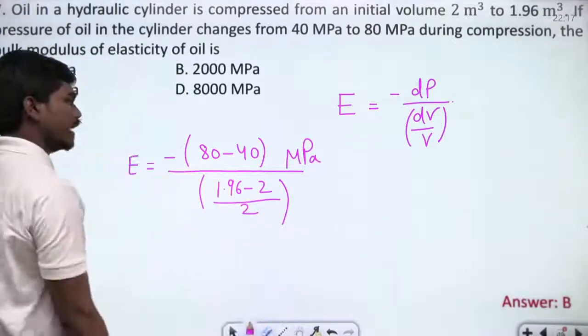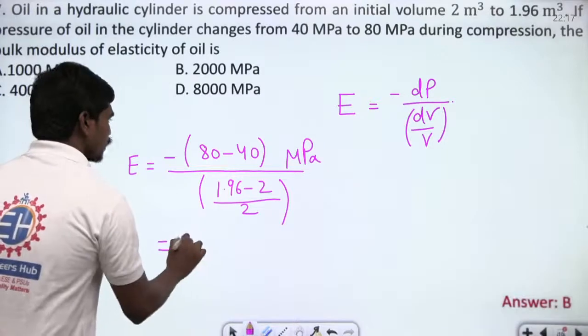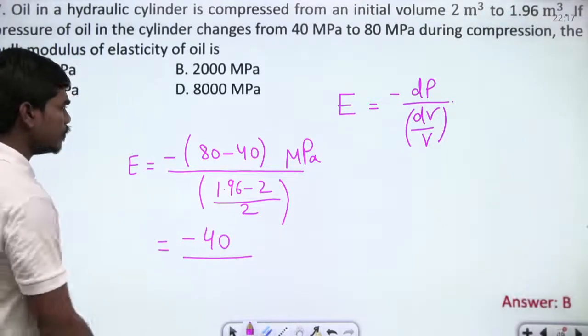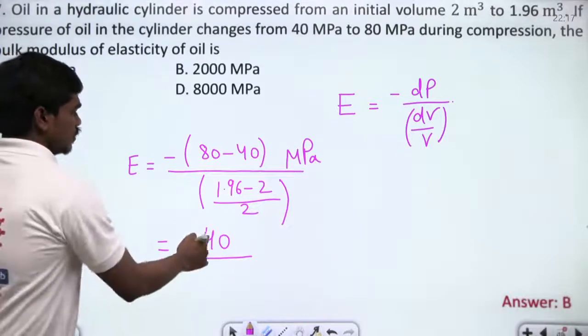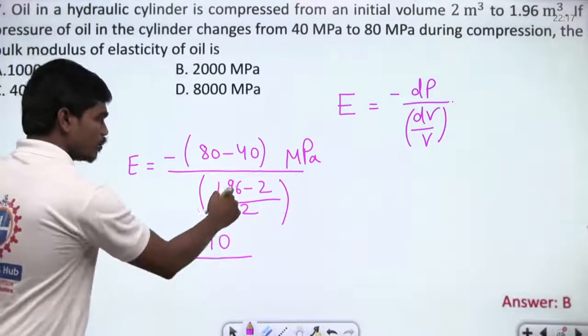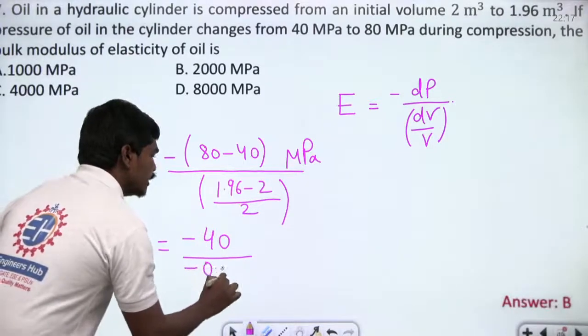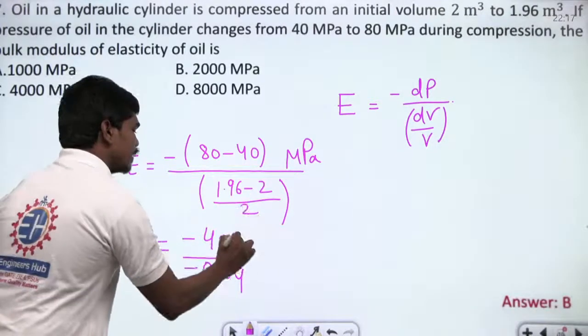So let us calculate this value. First of all, minus 40 divided by 1.96 minus 2, which is minus 0.04, correct? So minus 0.04, and of course this 2 will get multiplied on the top.